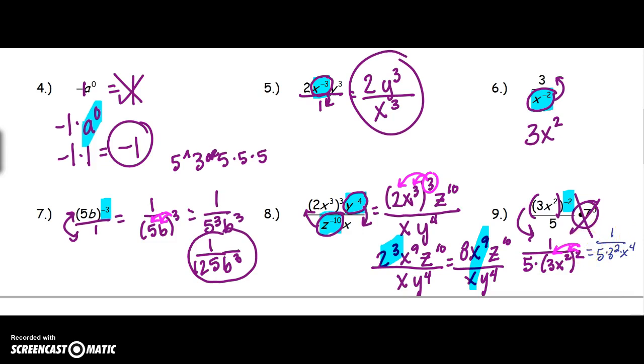We have to keep going and simplify where we have 3 squared, so you have 1 over 5 times 9 times x to the 4th. And the last thing we need to do, and I'm running out of space, is multiply 5 times 9, which is 45. So this is your final answer.